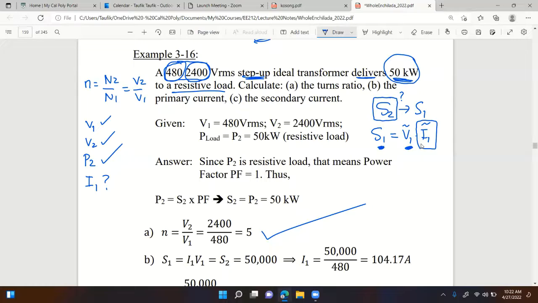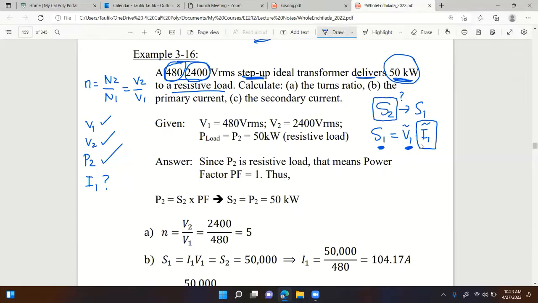Not directly, but we know it from the fact that P2 is 50 kilowatts, and it says resistive load. And we learned in chapter 2, I believe, that if you have a resistive load, that means power factor is equal to 1. That means Q is equal to 0.